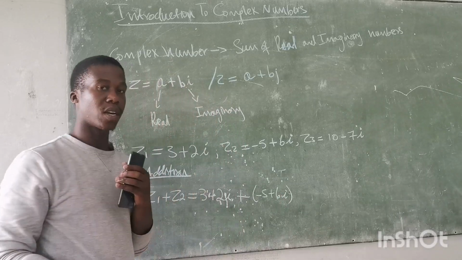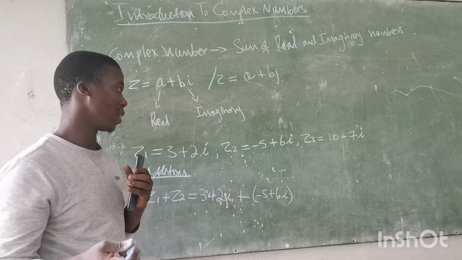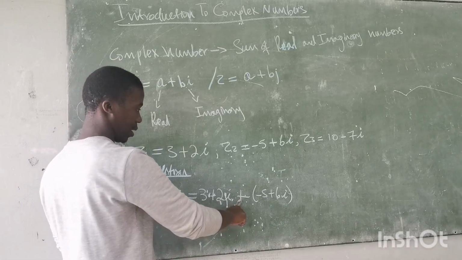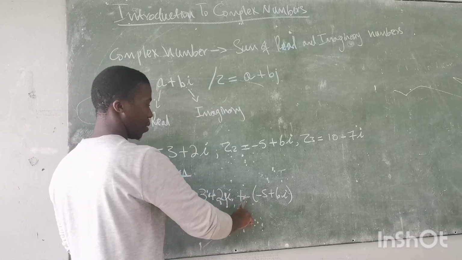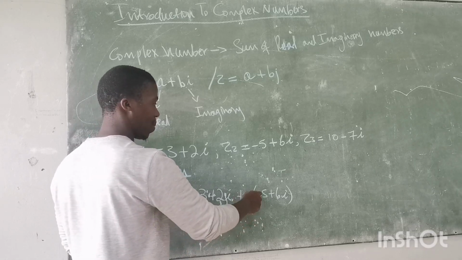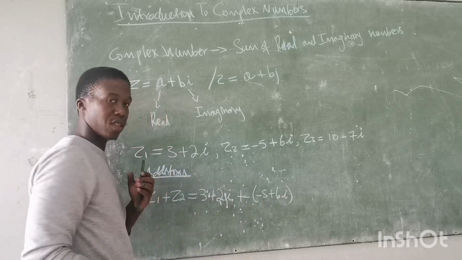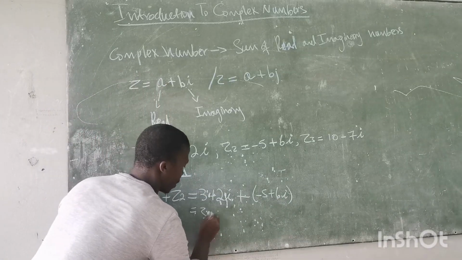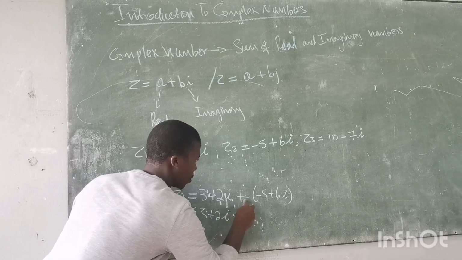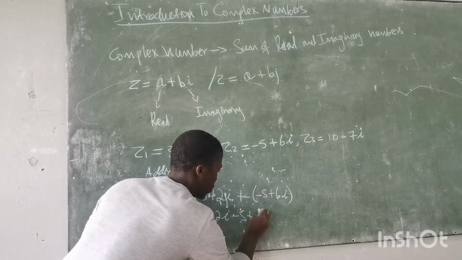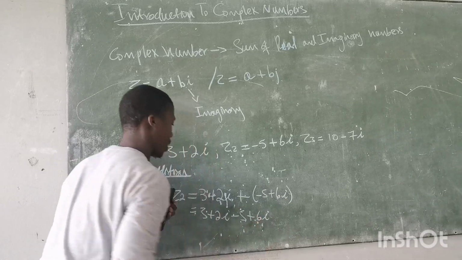The reason I'm putting brackets here is because I know most students will make a mistake. This is an addition. If you have an operation sign here, it will multiply each and every sign within your brackets. So basically this is going to be 3 plus 2i, positive times negative is negative 5, positive times positive is positive 6i.